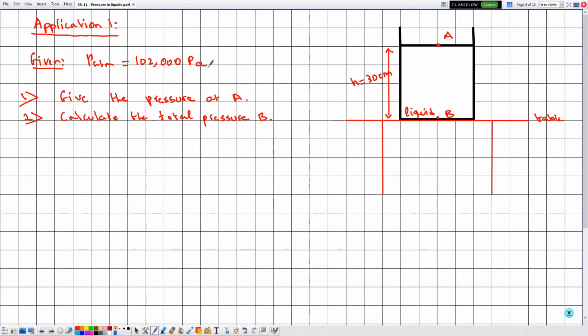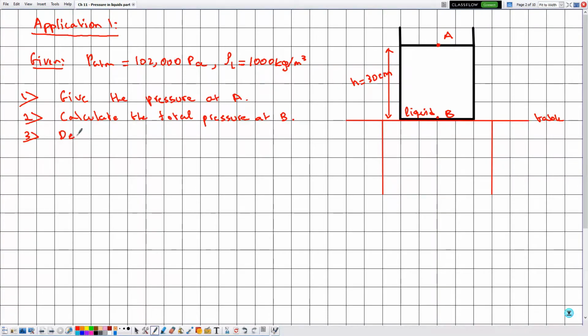And here let me also say that the density of the liquid is given by 1000 kilogram per meter cube, corresponding to water. And here let me say at the point B, okay.